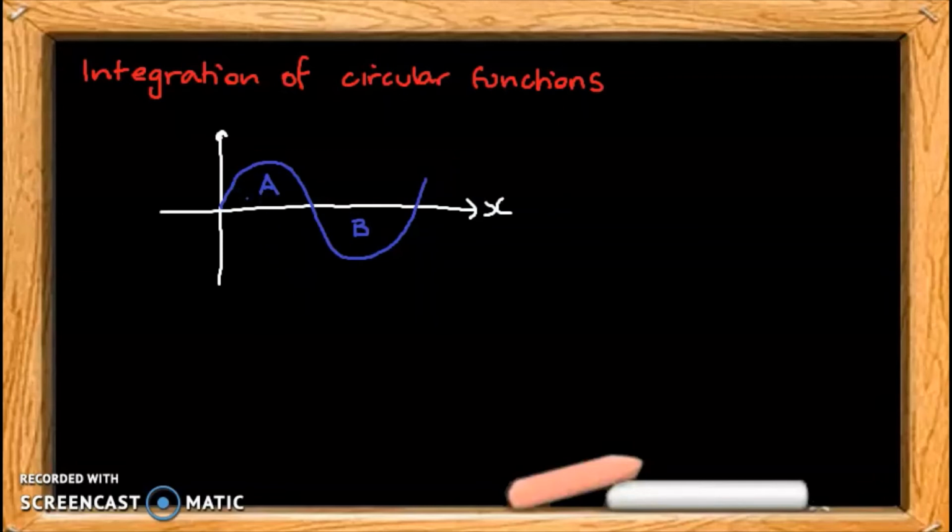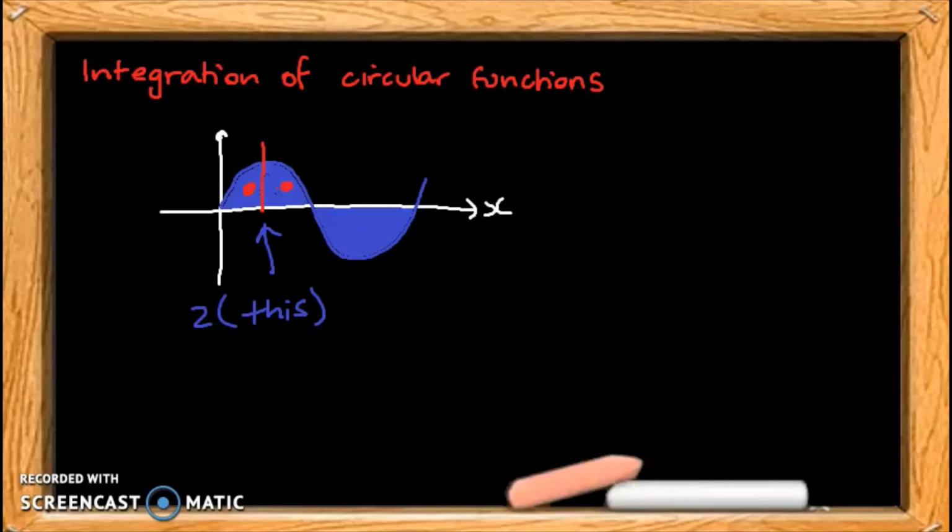So the symmetry of a sine curve or a cosine curve is something we can use when we're calculating the area. So for example, if I needed to calculate the entire area between my sine curve for an entire period, all I would have to do is calculate this area and then multiply it by 2, because I know this area is going to be the same size. Likewise, I can divide this in half, and this area here with the red dot is going to be the same area as here.